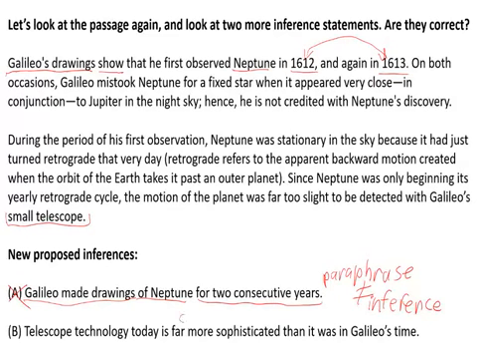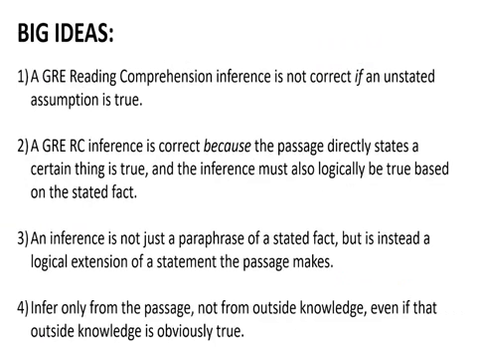So, common sense, or common knowledge, also is not an inference. Remember, you want to infer something directly from the passage, a logical extension of the passage, not a logical extension of things you know, even if what you know is as basic and common sense as how time flows and how things change over time. So neither of these are valid inferences, and this is another way the GRE will try to trick you.